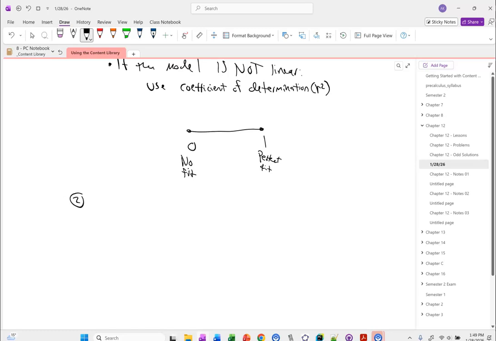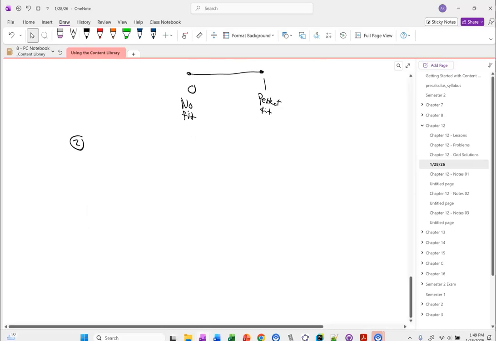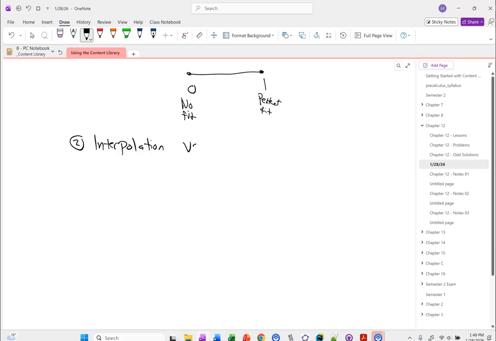The other thing we need to evaluate is whether we're going to be doing interpolation versus extrapolation. So let's define what we mean by that.